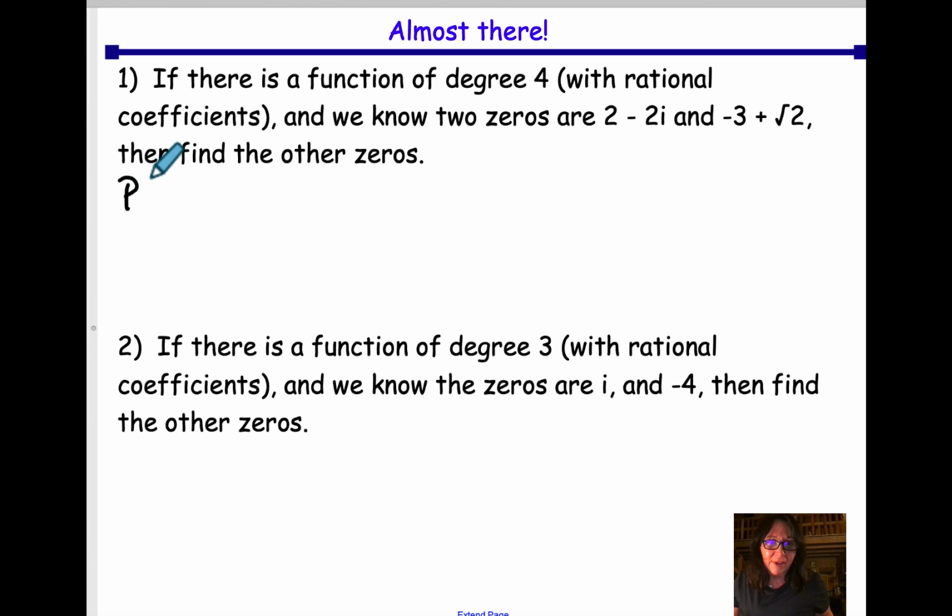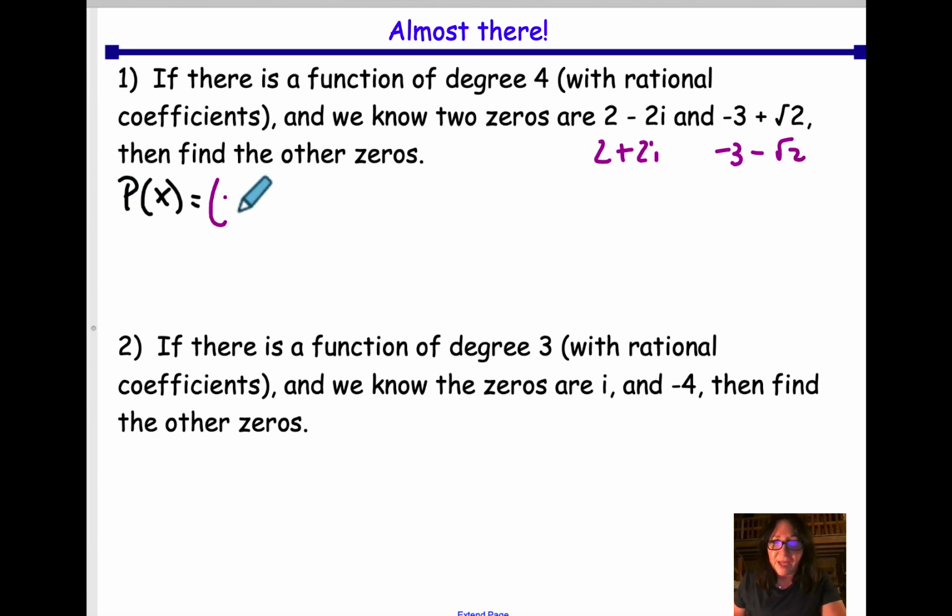Degree 4, we have 2 more of the same. I'm going to just rewrite this one time. So P of x, and then you would need to simplify for sure. You've got 2 minus 2i, and you've got the conjugate, which is 2 plus 2i. And then be careful with this one for the conjugate. You have negative 3 minus root 2, so this would be negative 3 plus root 2. Only the middle term changes the sign, not the negative sign.